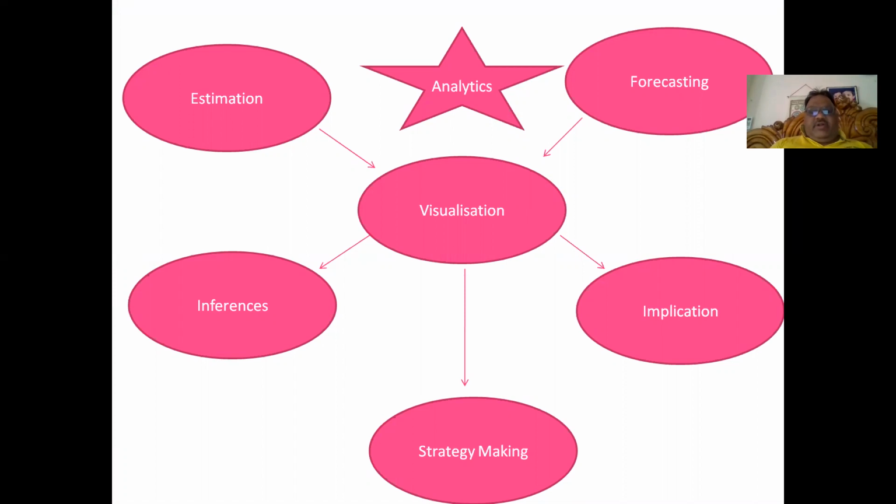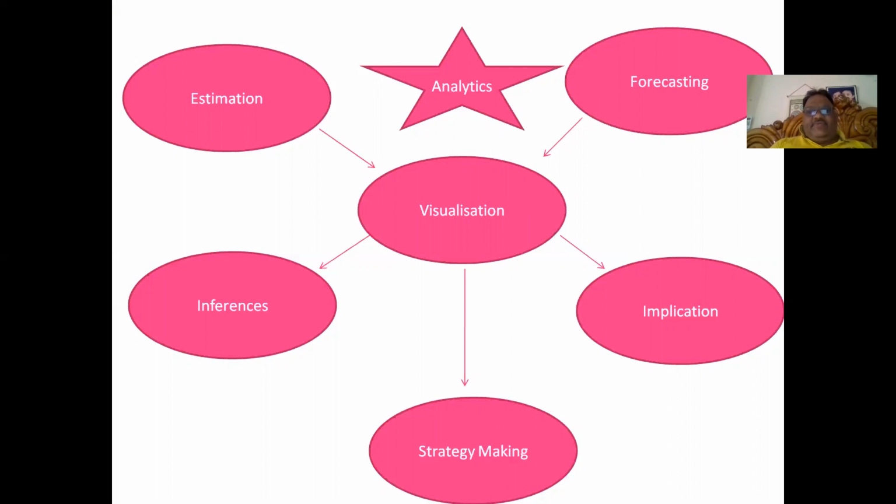The most important part of any manager or policymaker or researcher is to solve a problem. And for that, we have to use visualization, estimation, inferences from data, implications from data, forecasting of data, and strategy making.